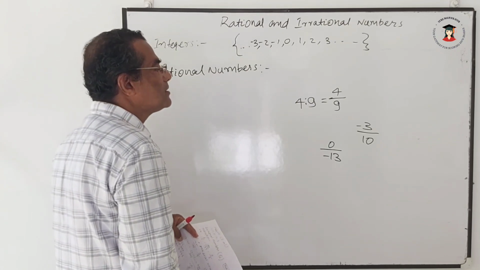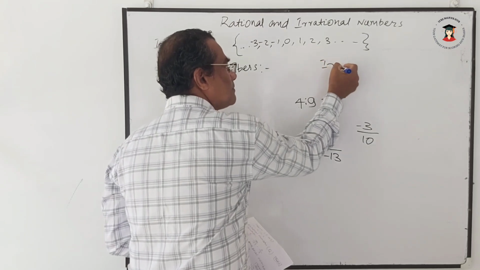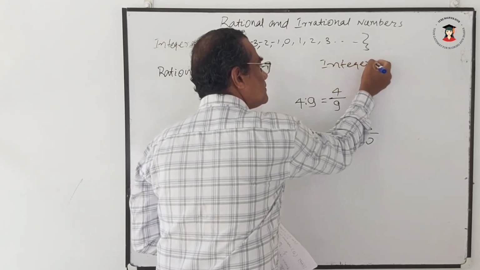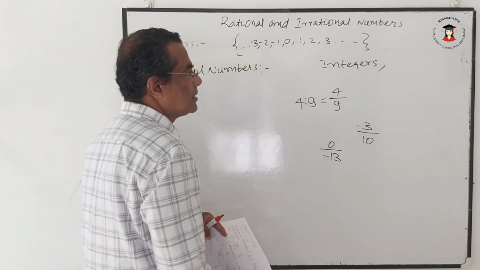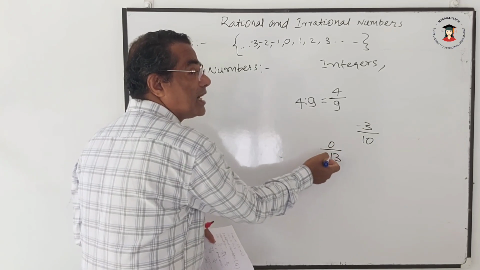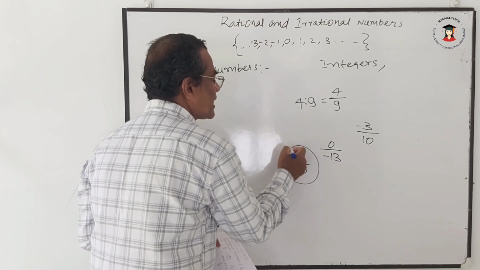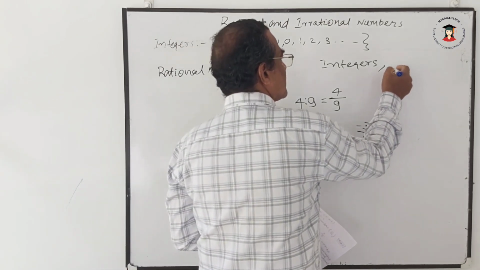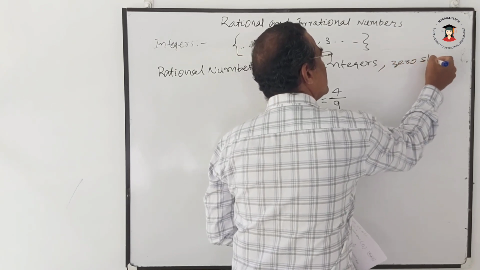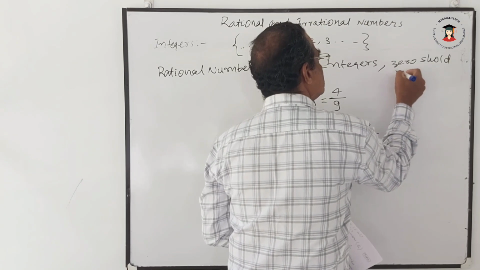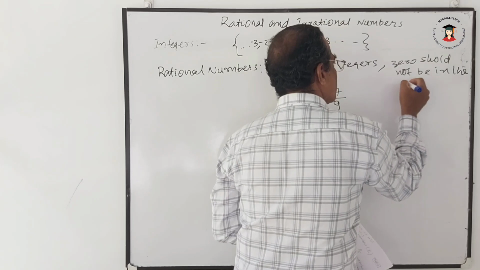The condition is that the numbers in the ratio should be integers. This is the first condition, and there is one more condition, that 0 should not be in the denominator. If I write, say, 5 by 0, this is not a rational number. 0 should not be in the denominator.